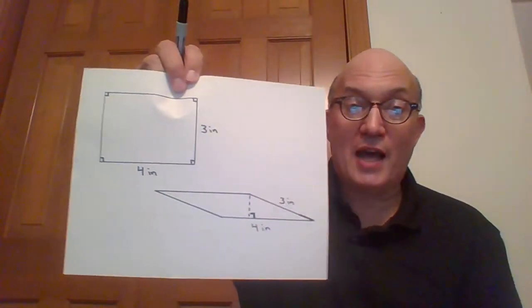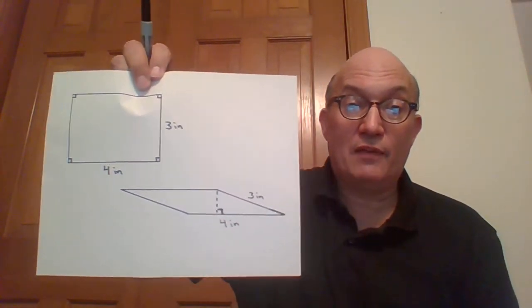And I intentionally did not draw the height in here, but now I'm going to. The height of this parallelogram can be represented like this. And remember, the height has to be perpendicular to the base. That dashed line there is the height of the parallelogram.